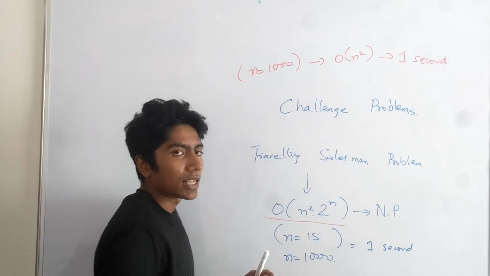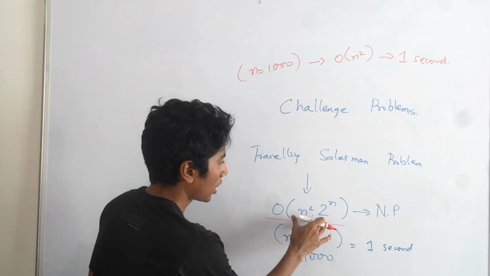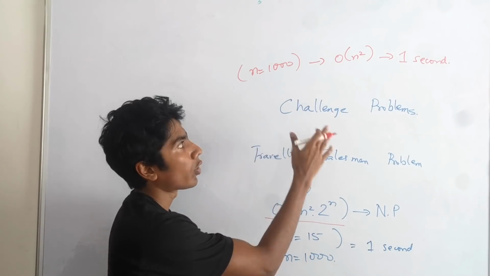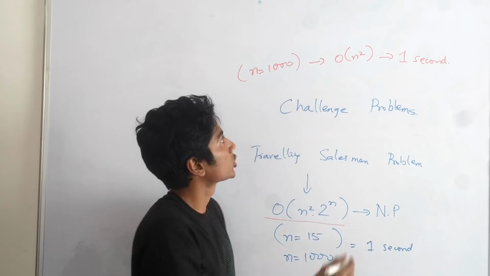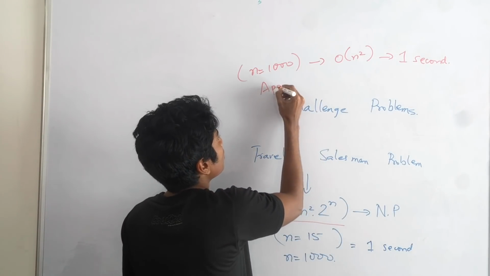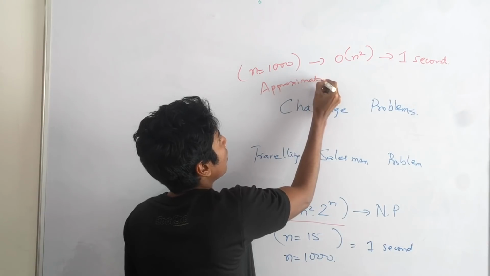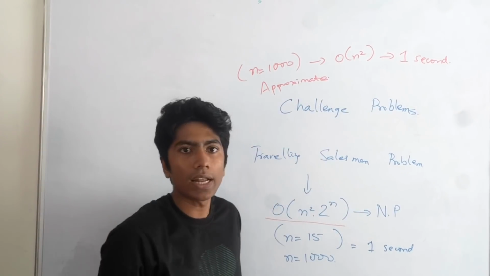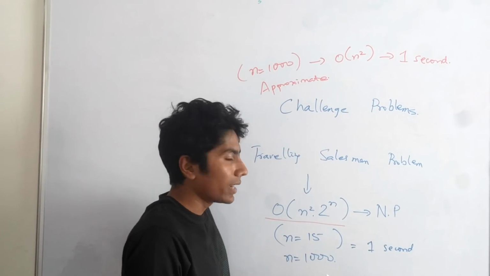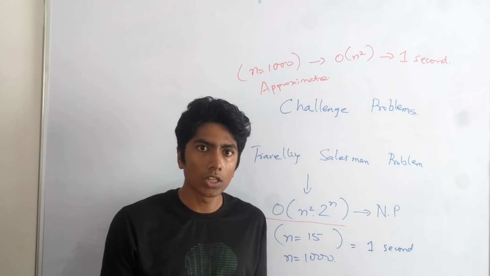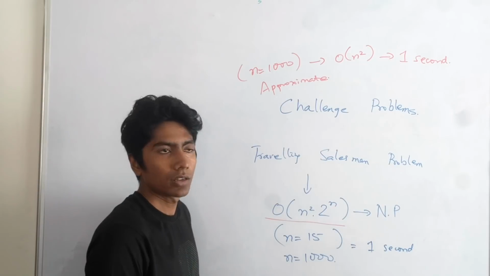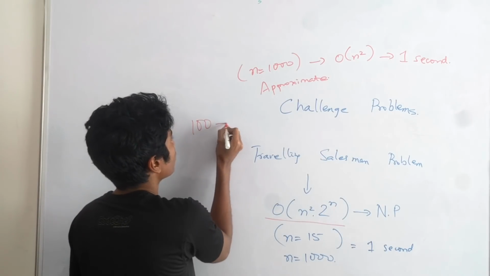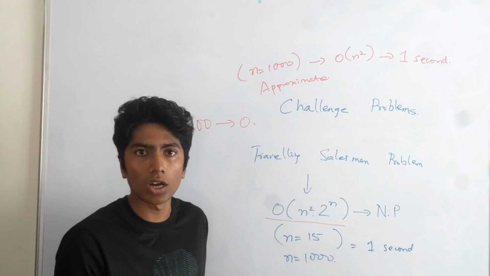So what these contests ask you to do is sacrifice optimality for performance. Give me an approximate solution, that's very important, within 1 second, in a reasonable time, and the better your approximation is, the more you score in this problem. The scores go from 100 to 0. 0 is basically wrong answer.